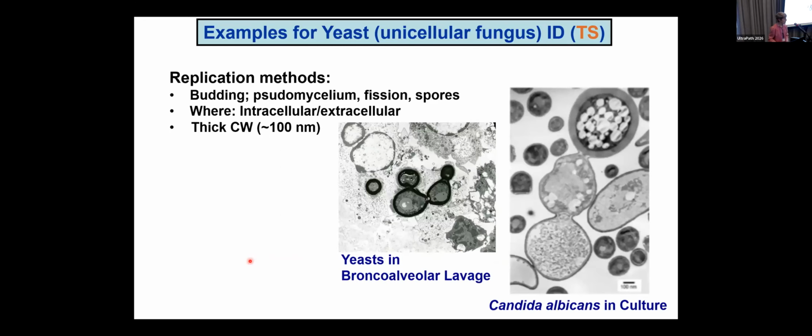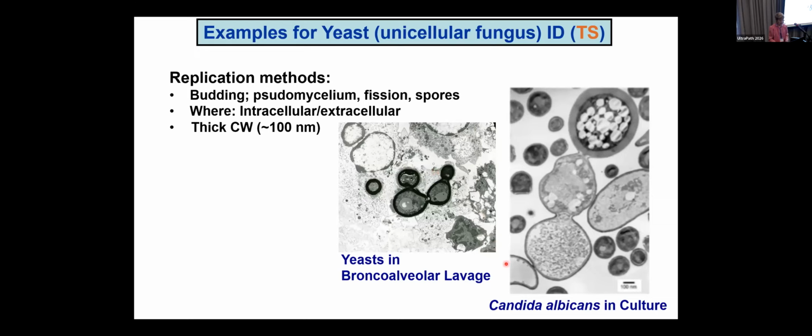Here are examples of higher organisms. Yeasts are unicellular fungi. It reproduces by budding, as you can see here. And where is it? In the nucleus? Probably not, but in the cytoplasm or extracellular. And it does have a thick cell wall.